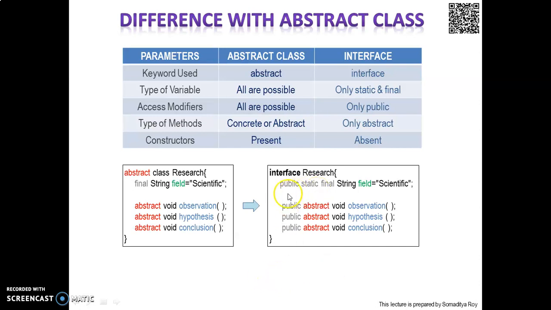So as you can see, for the interface all the fields are public, the member variables are static and final, so it gets a fixed storage and we can refer using that also, and all the methods are abstract.